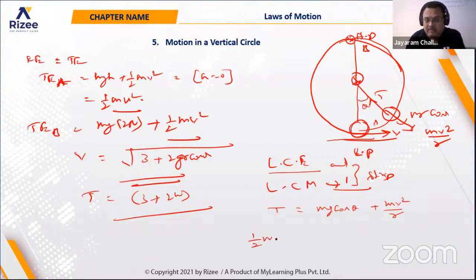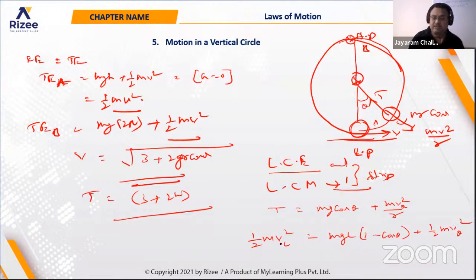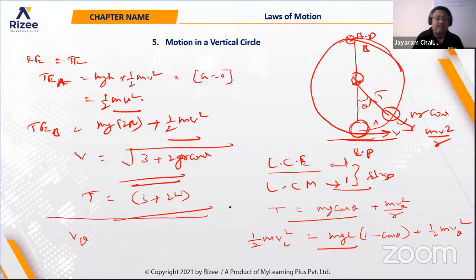Energy at the lowest point, half m u square, is equal to, at an angle theta, mgl into (1 minus cos theta) plus half m v theta square. So obtaining the velocity from here and substituting in the tension, you can get the tension value, or else you can replace the cos value. So these are majorly the two equations, and the connecting thing in both of them is going to be v theta, that is the velocity at that theta instant.